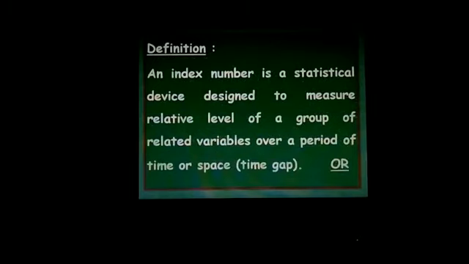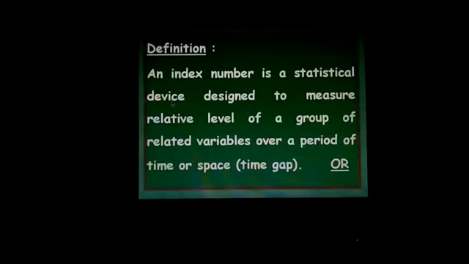Definition of index numbers. An index number is a statistical device designed to measure the relative level of a group of related variables over a period of time or space, in the sense of time gap. Let us understand this definition thoroughly first. An index number is a statistical device.